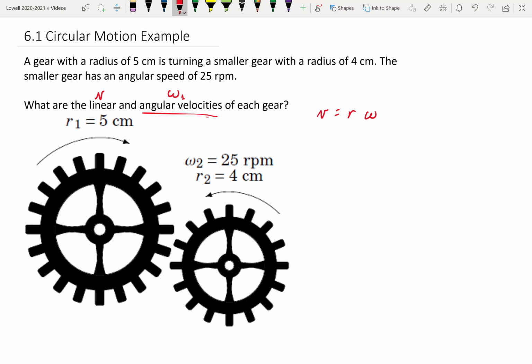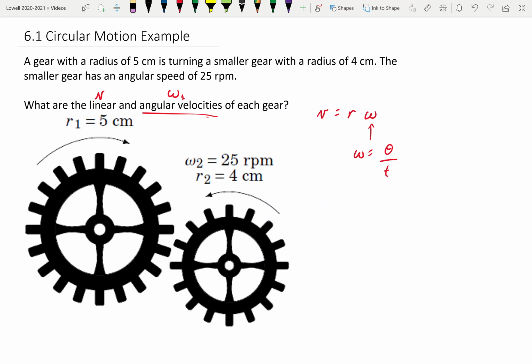Now, if we want to find just the angular velocity, remember that the angular velocity is simply theta divided by t, theta over time. A problem: we have no idea how long it takes to get, say, from this angle to this angle. So unfortunately, we're kind of stuck in terms of getting the angular velocity of that first gear.